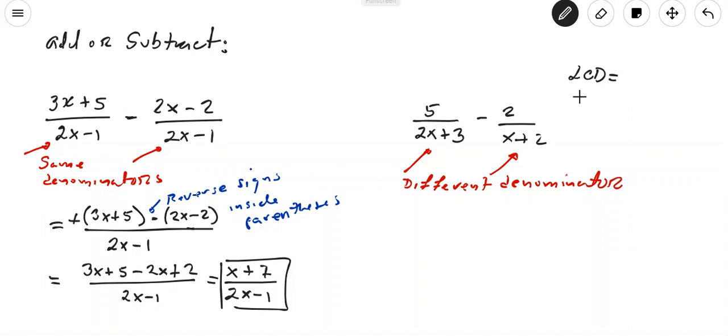So that's why we define as least common denominator here 2x plus 3 times x plus 2. Once you define that your least common denominator is 2x plus 3 times x plus 2, what I want to do now is to get my two expressions with that common denominator, 2x plus 3 times x plus 2.